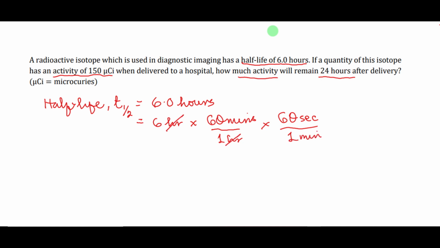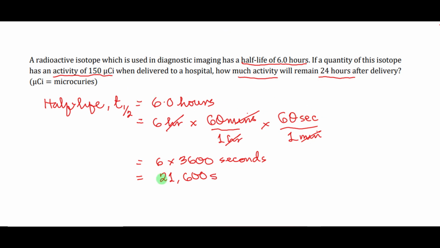So this will cancel, and this will also cancel, leaving us with 6 times 3600 seconds, which is 21,600 seconds.